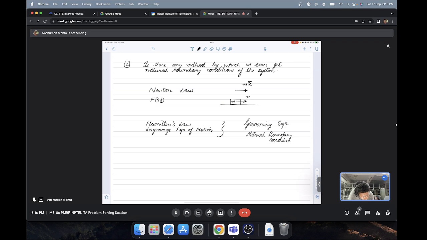And what does this method require? This method requires only the energies in the system, and also essential boundary conditions. So if we have these two things, we can apply Hamilton law and Lagrange equation of motion, and we can get the governing equation and natural boundary condition.